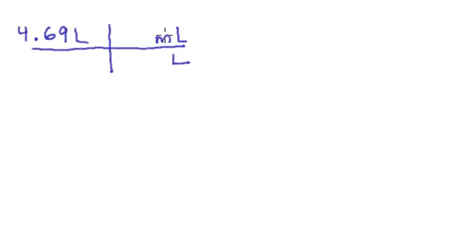Milli is 0.001, so I put 0.001 here, 0.001 liters. So that 0.001 liters is a milliliter. So this becomes 4.69 divided by 0.001. It's divided by because it's here in the denominator. So this becomes 4,690 milliliters.